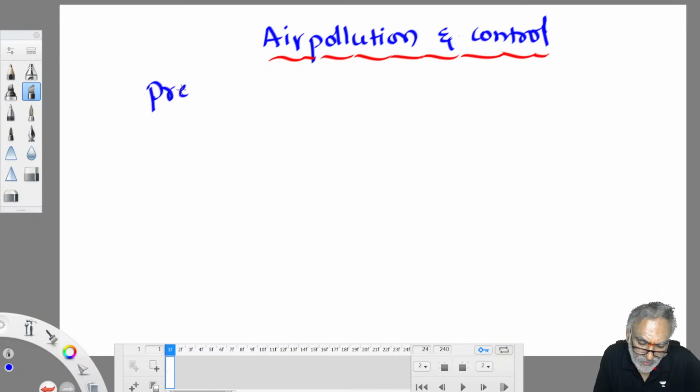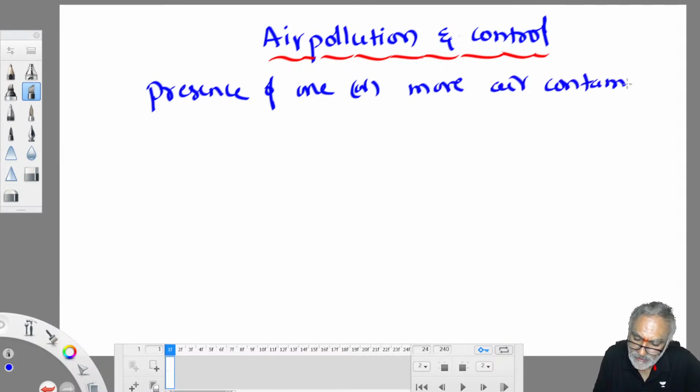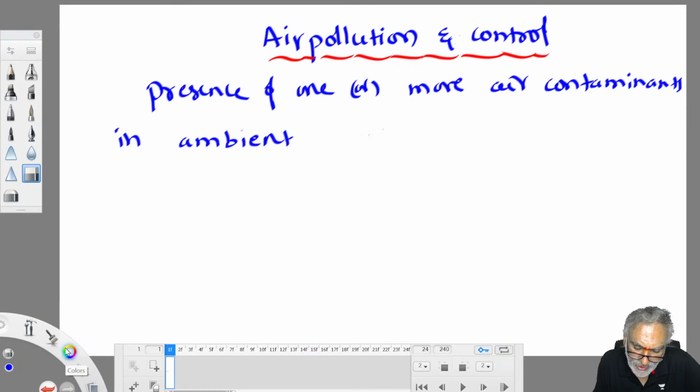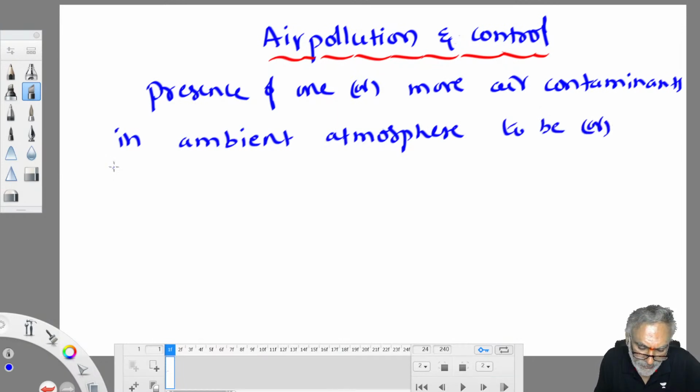Presence of one or more air contaminants in the ambient atmosphere, of such nature and such duration, to be or threatened to be injurious to human life, plant life, animal life, and as well as to the property.